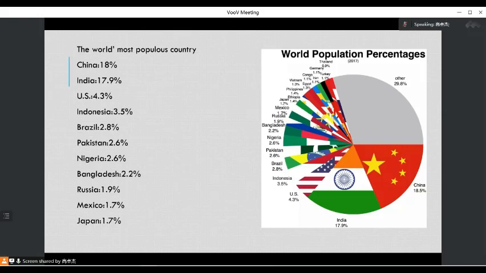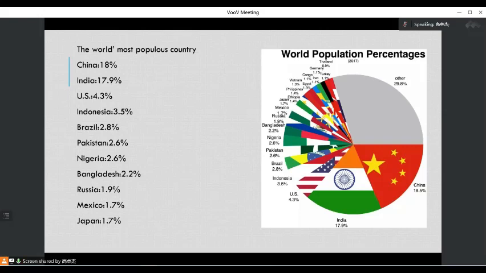Next are Indonesia, Brazil, Pakistan, Nigeria, Bangladesh, Russia, Mexico, and Japan.